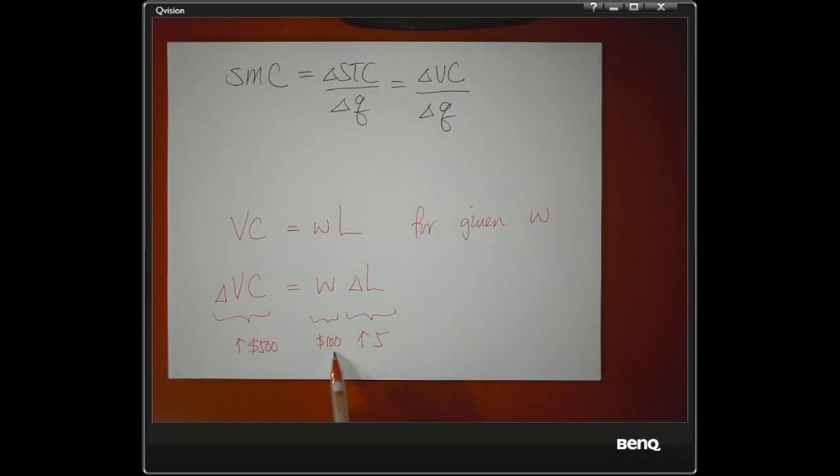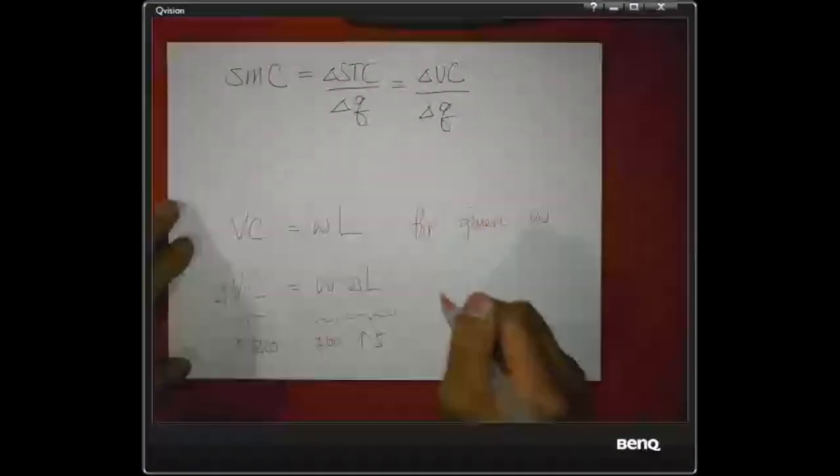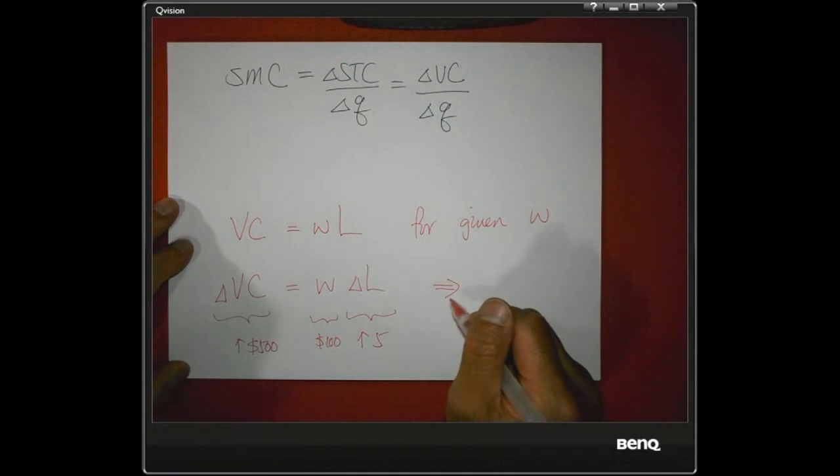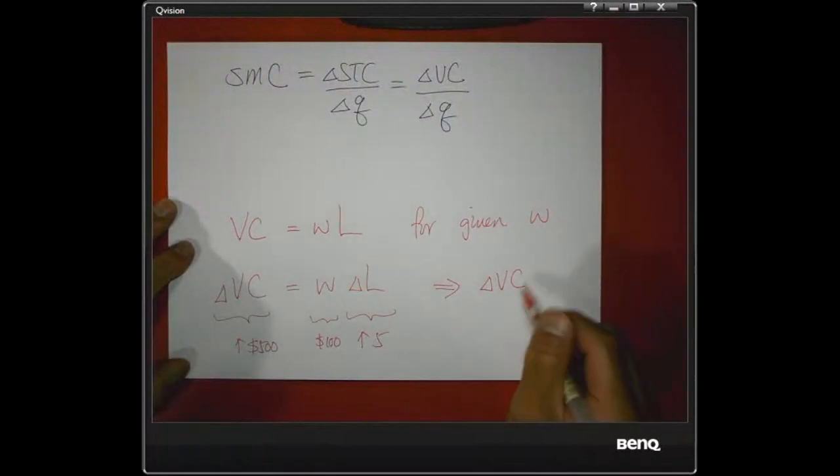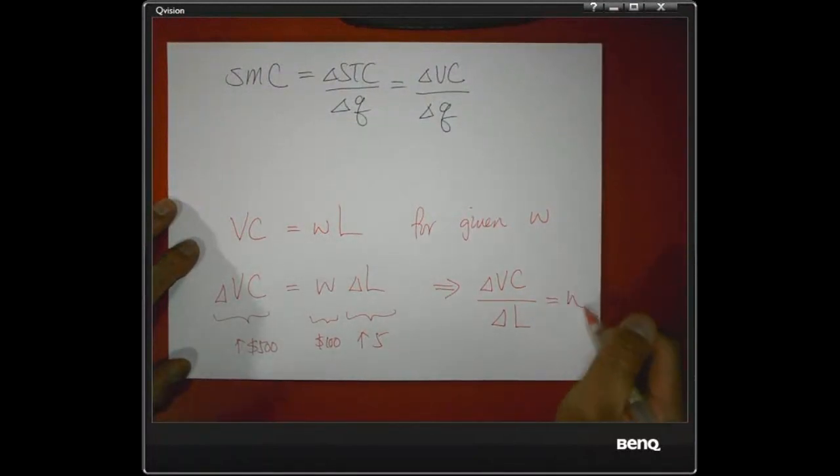These $100 per worker, the cost is given. Which implies the change in variable cost over the change in labor input is equal to W.